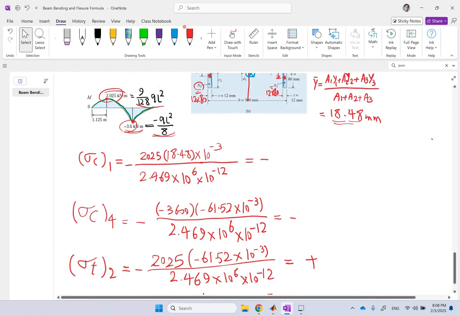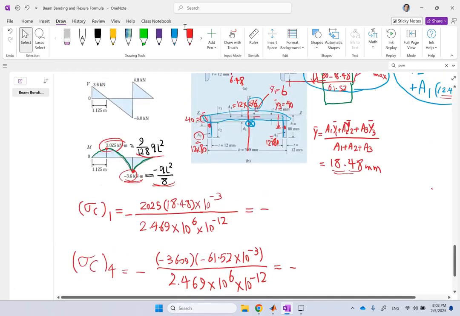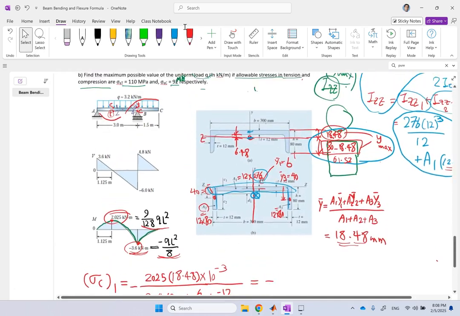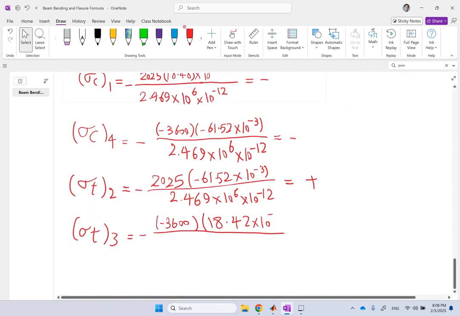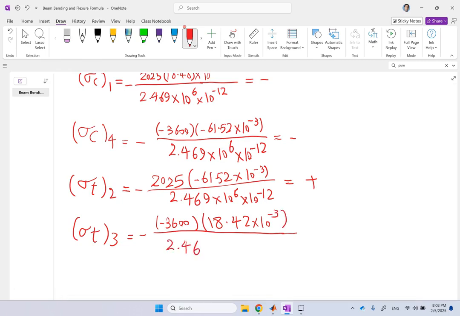Right, because we're looking at point 3, and point 3 is on the top, which has that positive y, divided by the same IZZ. Again, it's going to be positive because these two negatives would cancel.